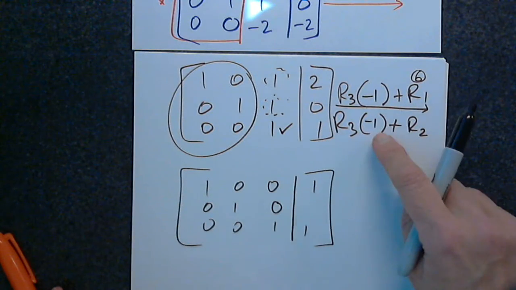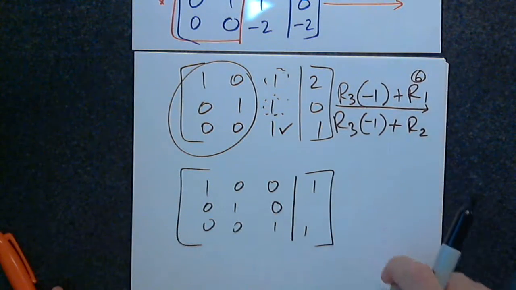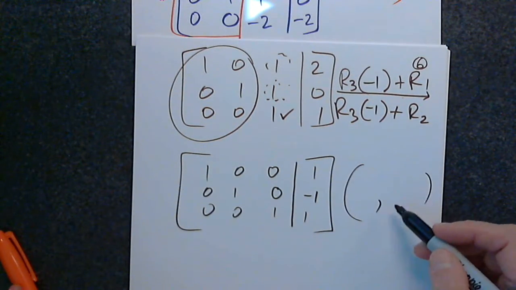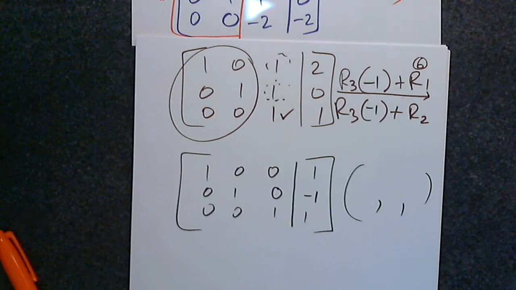Perfect. 1 times negative 1 plus 0. Negative 1. Can anyone give us the solution? It's a triple. X comma y comma z.